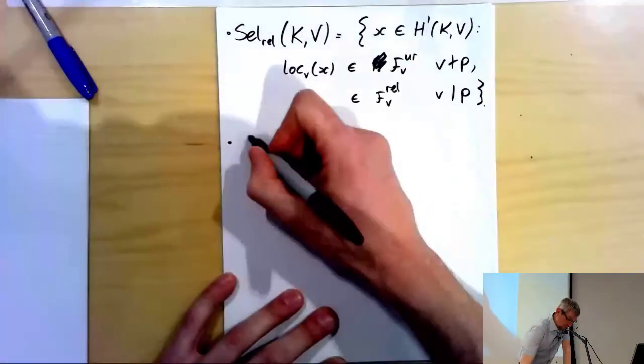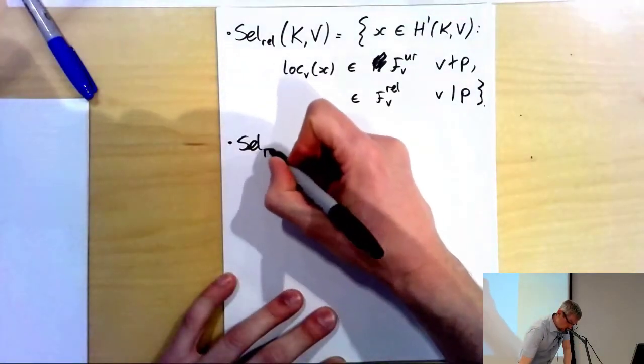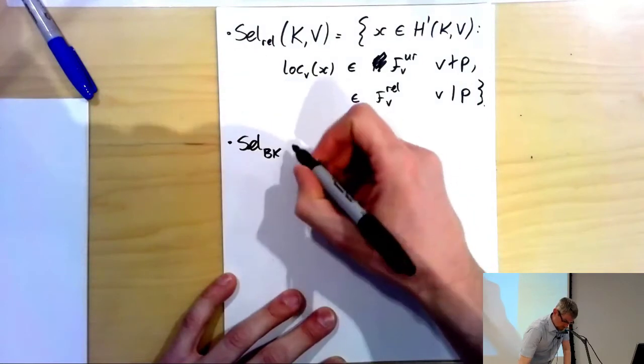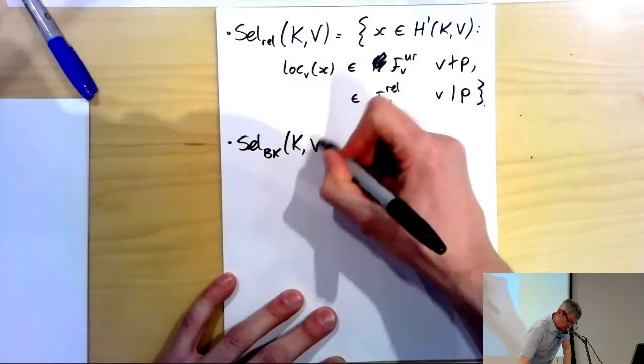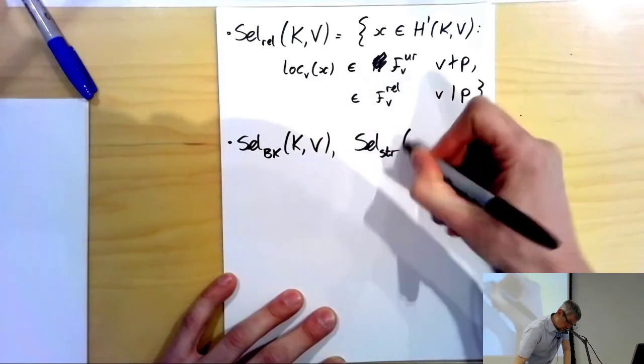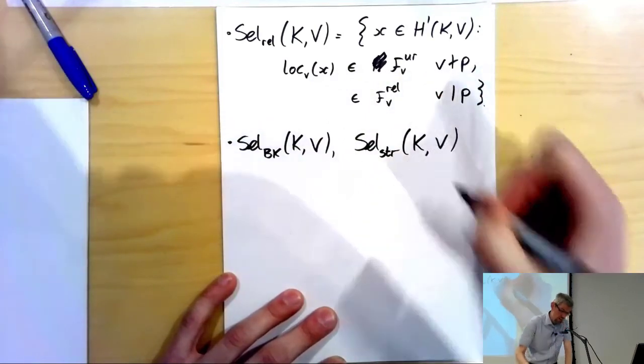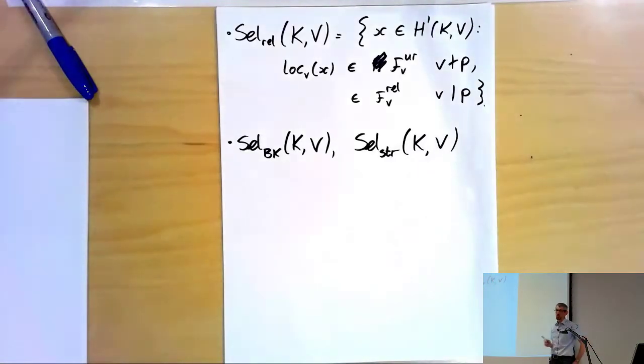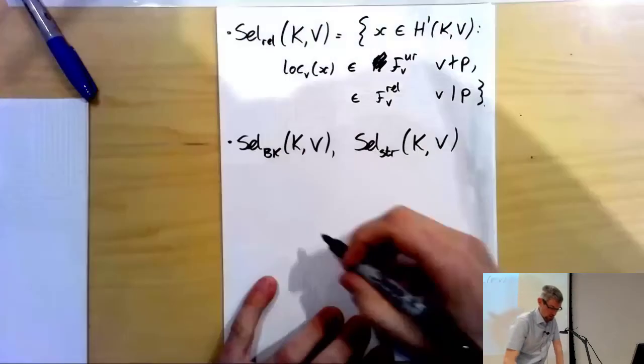And then I'll define the Selmer group Bloch-Kato of K, V and the Selmer group strict of K, V to be the same, but with the appropriately chosen local conditions at primes above p.